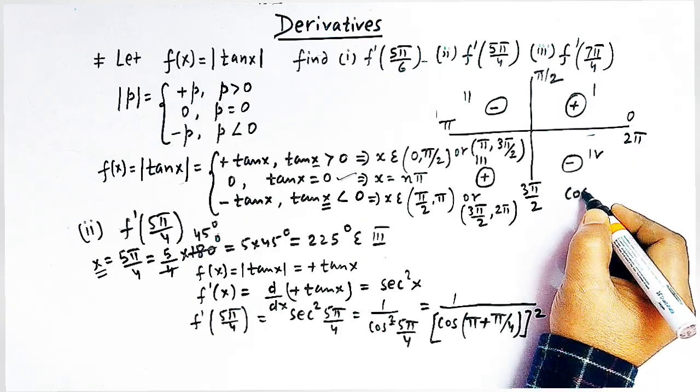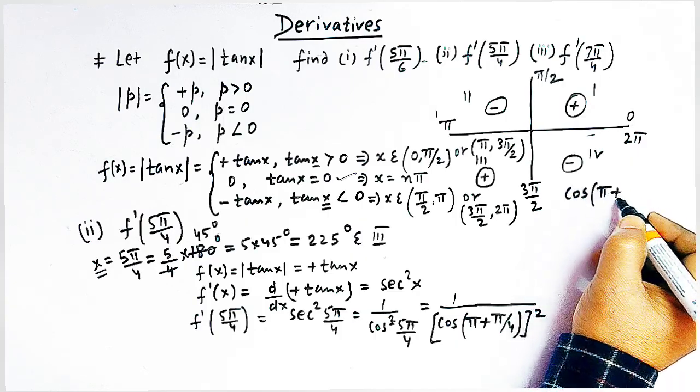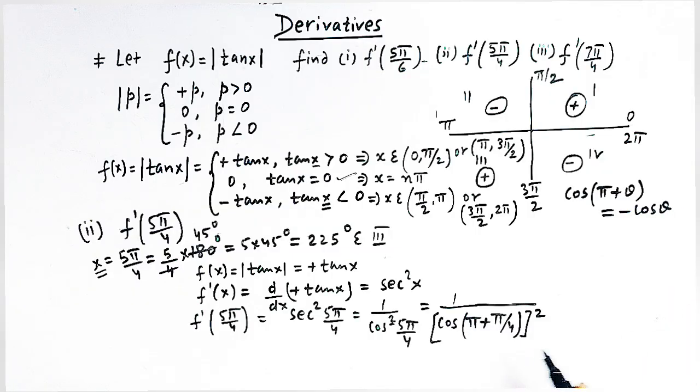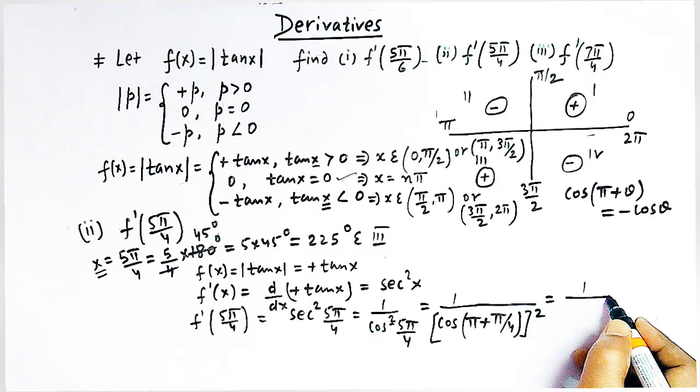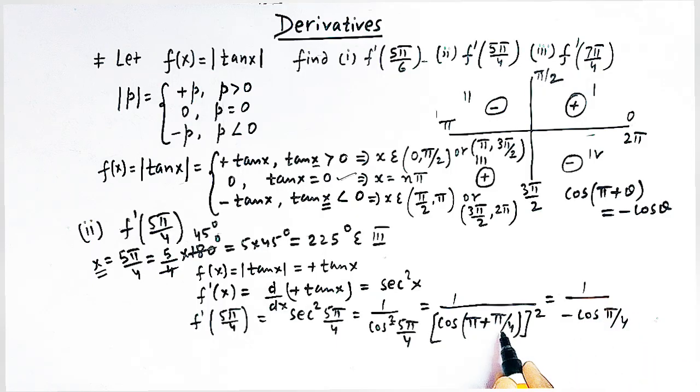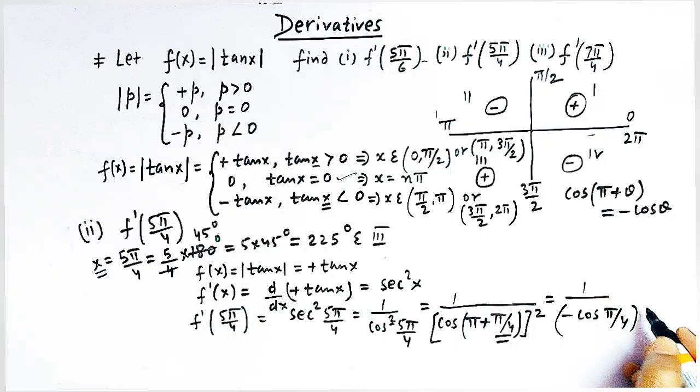Now from trigonometry we have cos pi plus theta is equal to negative cosine theta. So here we have 1 and minus cos pi over 4. So theta is pi over 4, and here we have the square, right?